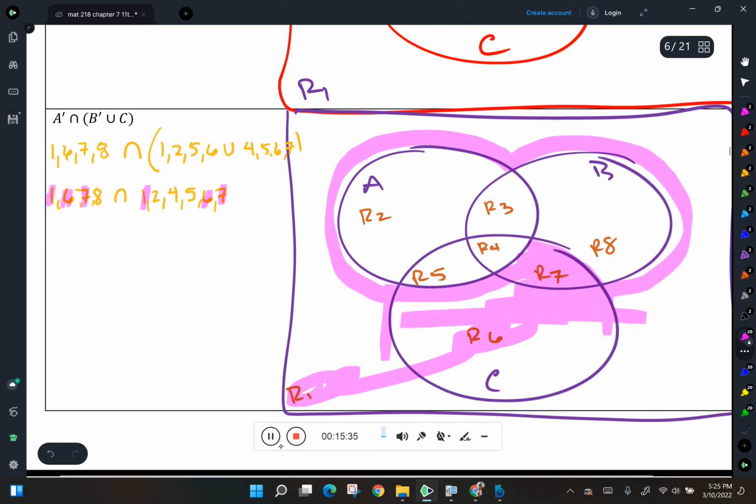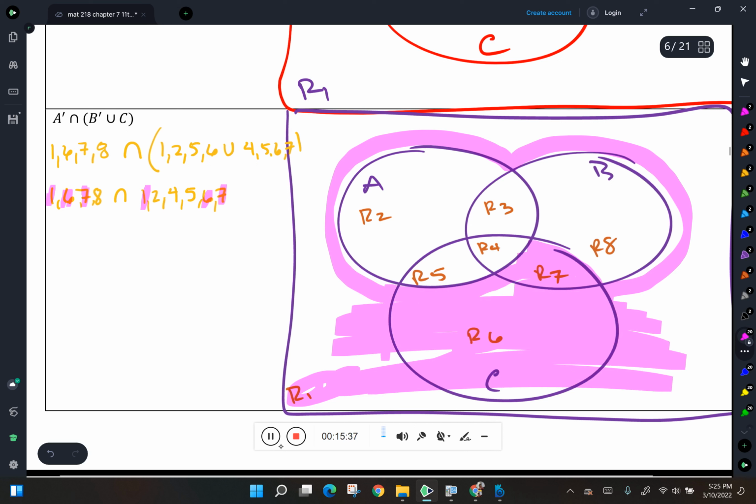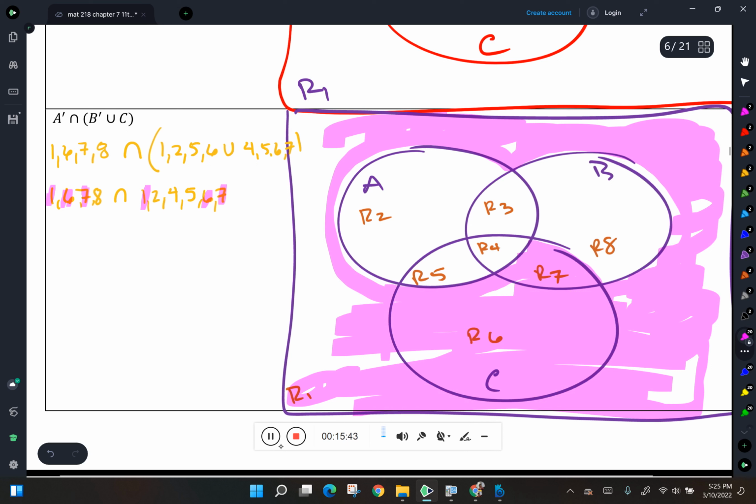And then shade all that in. That's a lot to draw. And there we go. 1, 6, and 7. All right. So I'm shading the region of the Venn diagram given what they told me.